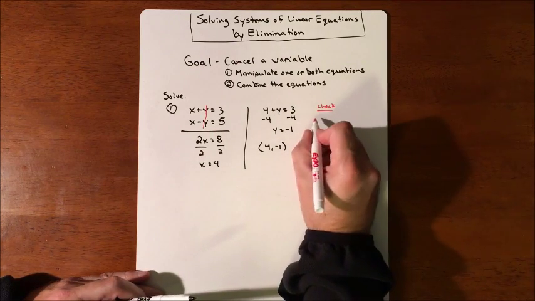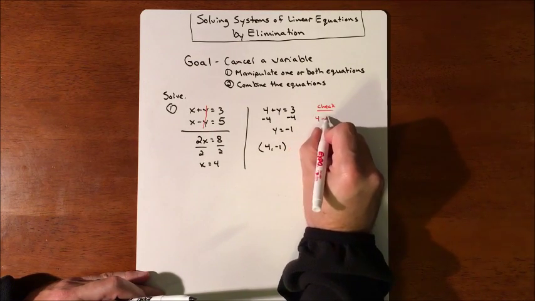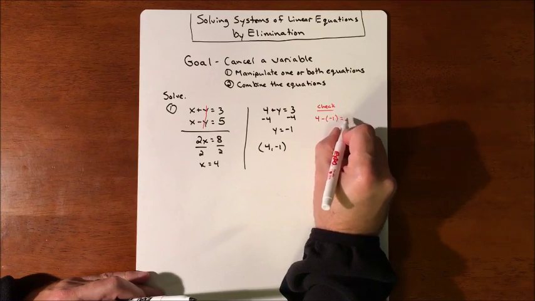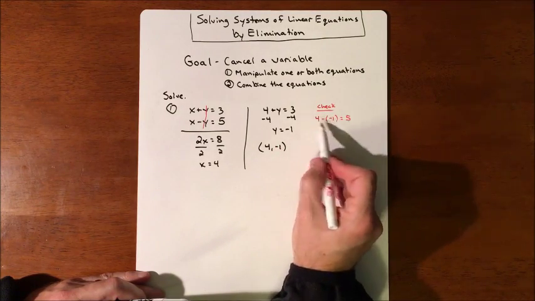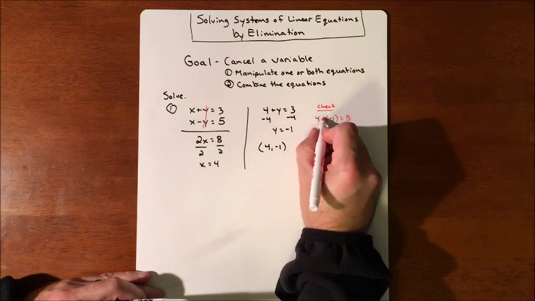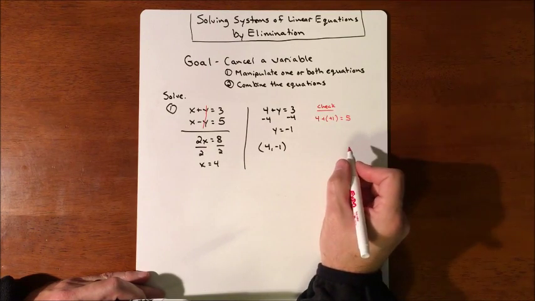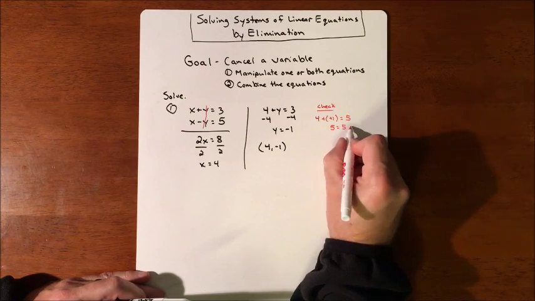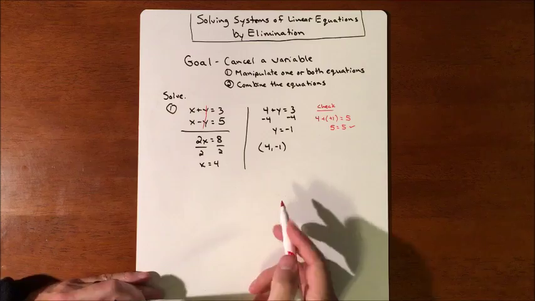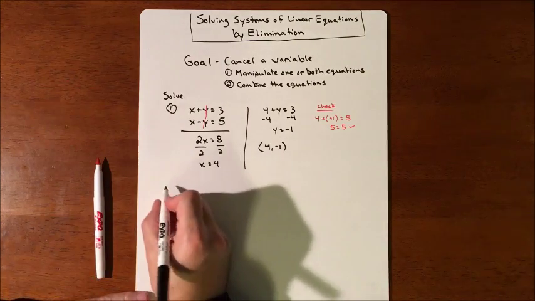So our x value is 4. Our y value is -1. And if our coordinate is right, this should add up to 5. Subtracting a negative is the same as adding a positive. So that adds up to 5. So it checks. All right, so let's see another one.